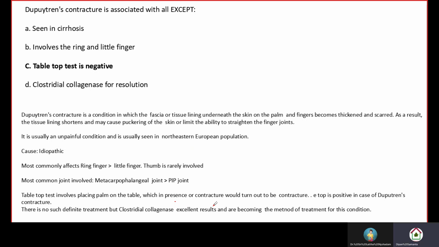So if there is contracture, tabletop test, very simple test.